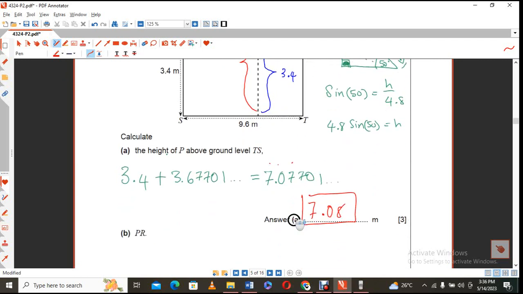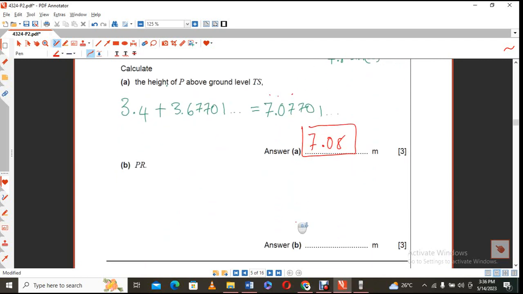Now they ask me to find PR. So what I'm going to do is draw the triangle again, and I'm going to have my 4.8 like so, and this was 50, and I'm going to put an X here for this distance. I'm going to go back to my diagram to show you exactly why I'm doing that.